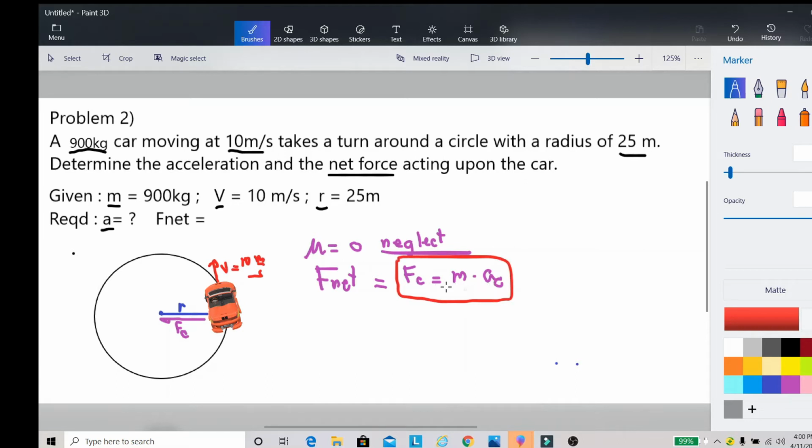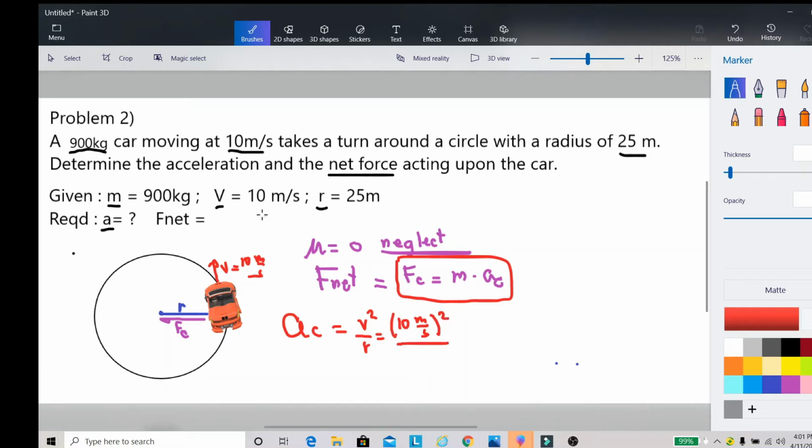But before we can solve for this one, we need to solve for acceleration. The centripetal acceleration is given by the equation v squared over r. So ano yung v squared? Ano yung v natin? V natin is 10 meter per second and then quantity squared. What is r?